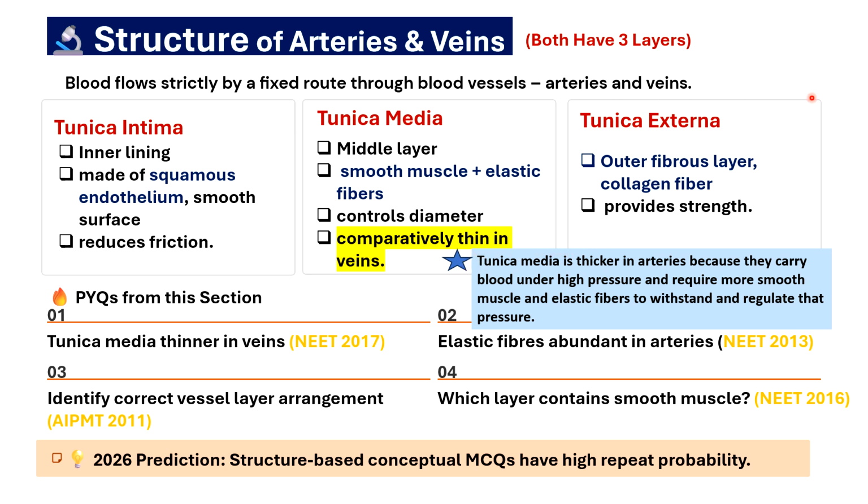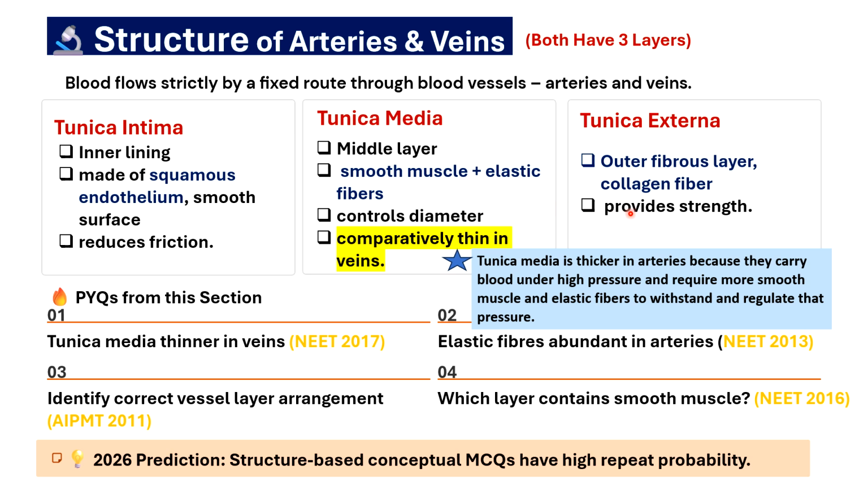The outermost layer, if you see, which is next, is the tunica externa. It is made up of collagen fiber and is fibrous in nature. Now, why is it made up of collagen fiber? Look, the tunica media has the capacity to stretch itself under high pressure.